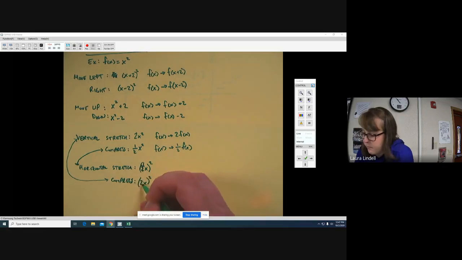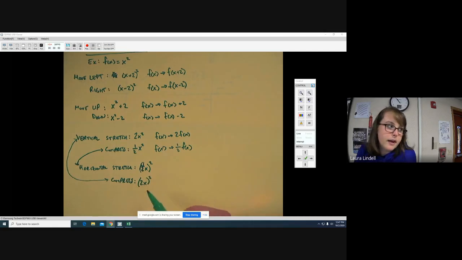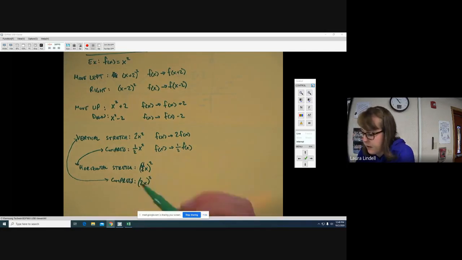It'd be positive or negative, but it would have something greater than 1 as your coefficient. So in this case, this would be horizontal compression, and it'd be by a factor of 4, because you would give the square to both of them.